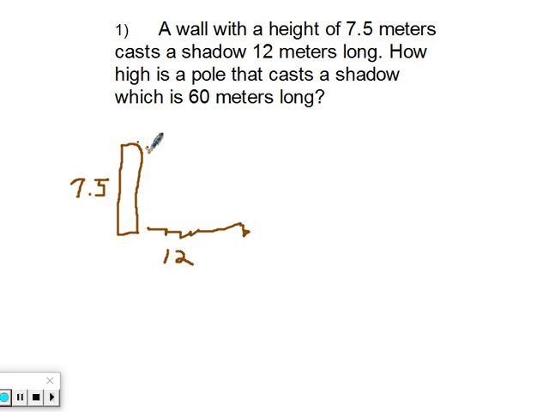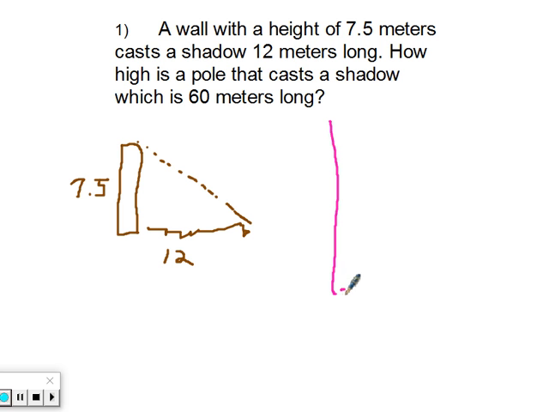So we look at it as a triangle, and then we have a pole. I'm gonna make it a different color. So here's a pole. It has a shadow that's 60 meters.